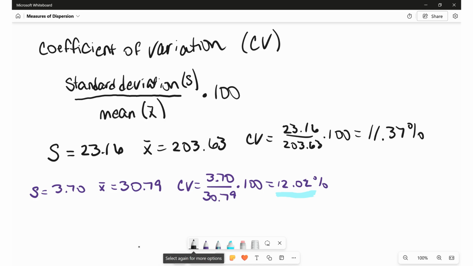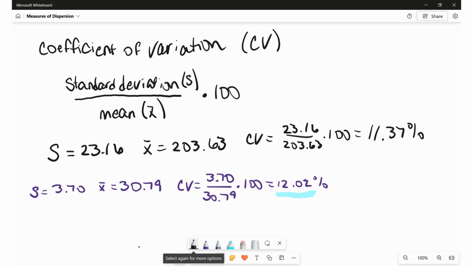And while that could be a good thing, because that could mean that we would stand to make a lot of money if we purchase this stock, if it varies a lot in the positive direction, it could also vary a lot in the negative direction, which means that we could stand to lose a lot of money.